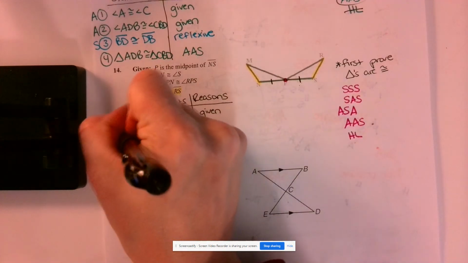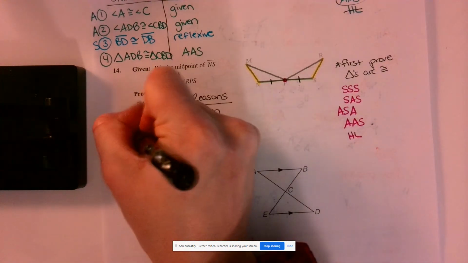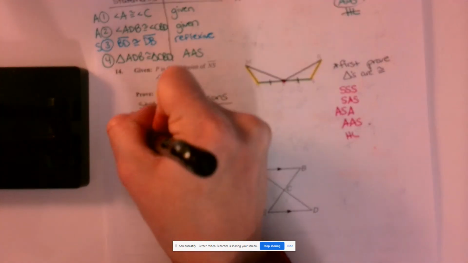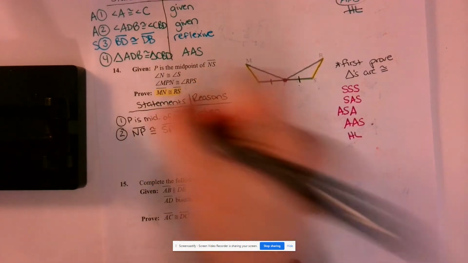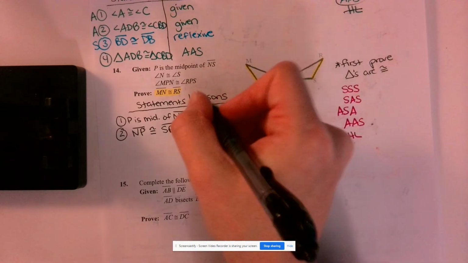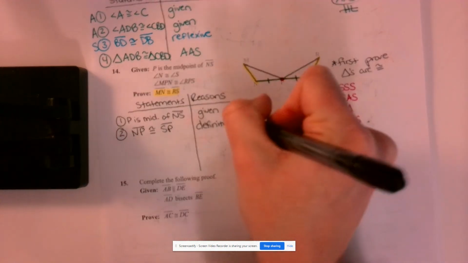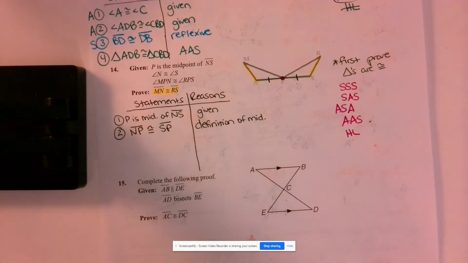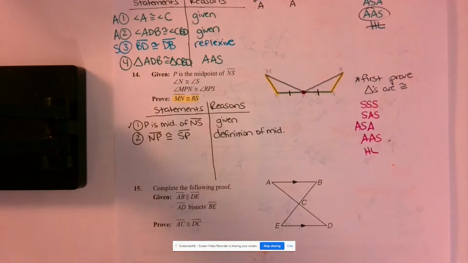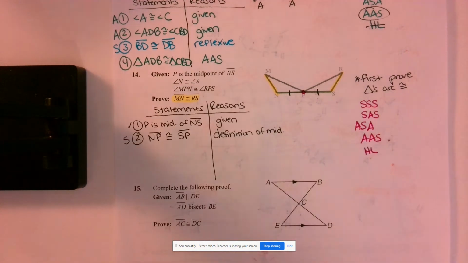So I'm going to now state, because P was the midpoint, line segment NP is congruent to line segment SP. And I used the definition of midpoint to figure that out. So I'm just going to put a little check next to this first given. I used that to help me find one pair of congruent sides.